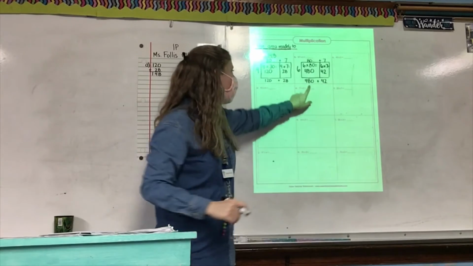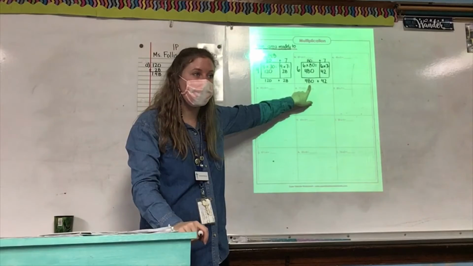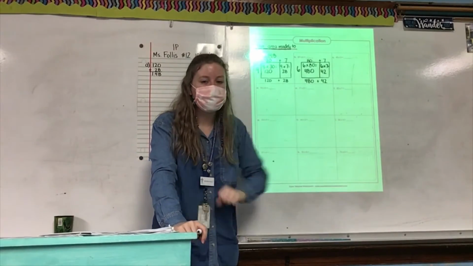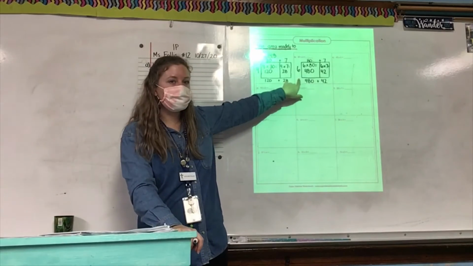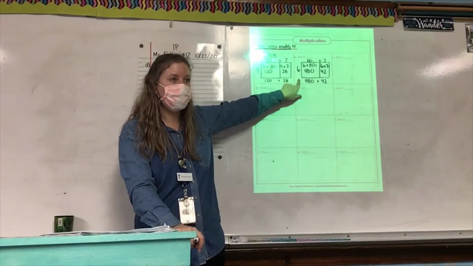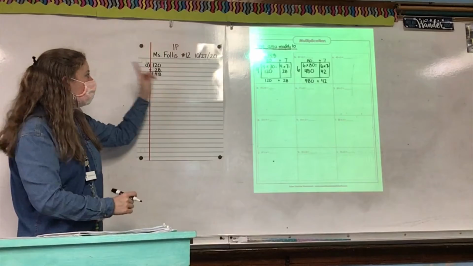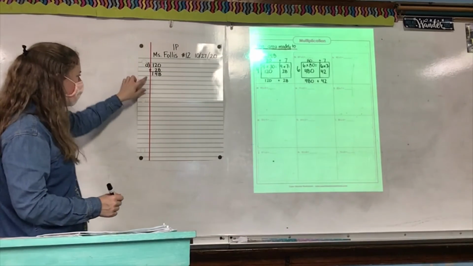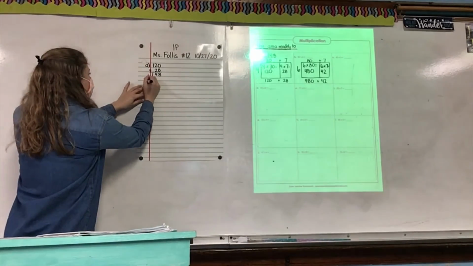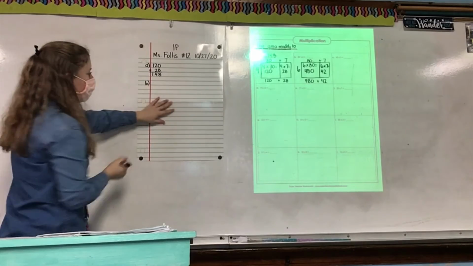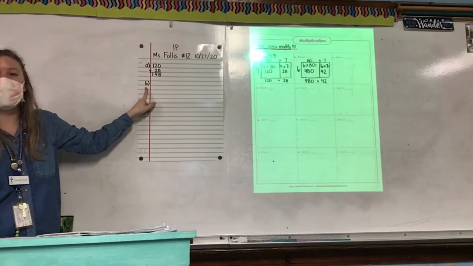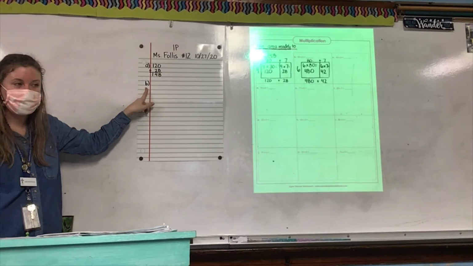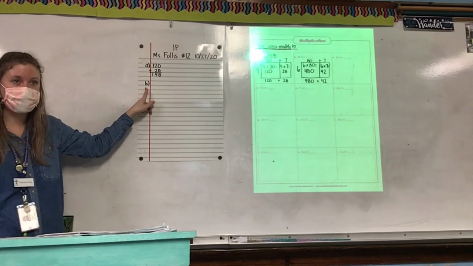So I'm adding my product for the tens, 480, to my product for the ones, 42. Am I going to do this addition in the box? No. So I'm going back to my separate sheet of paper. I'm going to skip one line and I'm going to do B. I'm going to make sure to write my letter or my number for the problem so that when my teacher goes to check, she can find it easily.